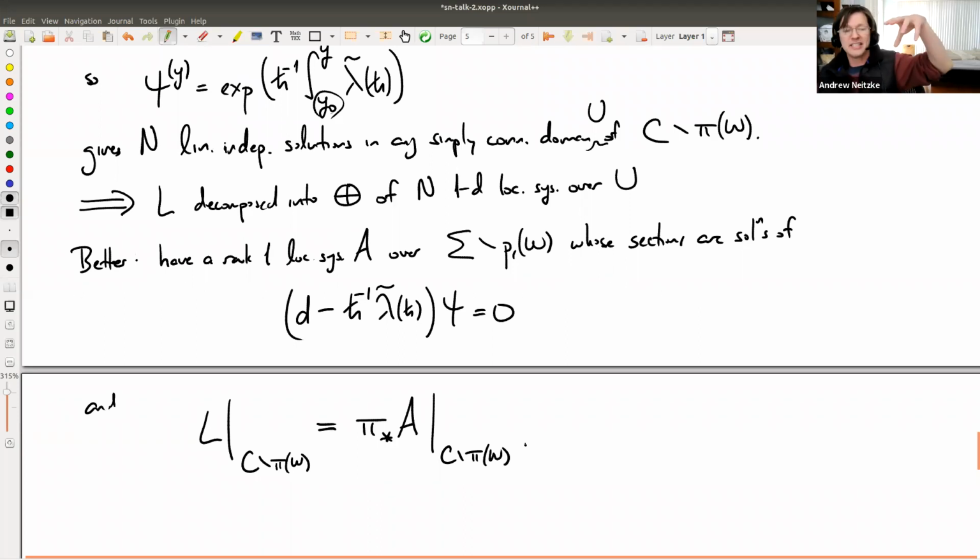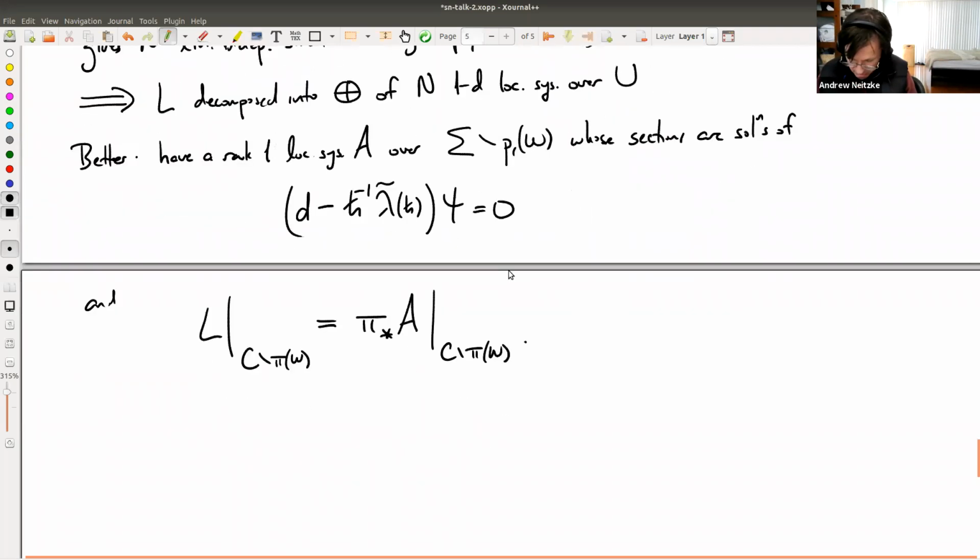Okay, so that's a sort of partial diagonalization of the equation, not everywhere, but only away from the walls of this spectral network. Now you can actually do a little more. So I think there's not time to describe it, but let's just say suppose that theta, which was the argument of h bar, is not one of these BPS phases. It's not one of these phases where two walls hit each other head to head.